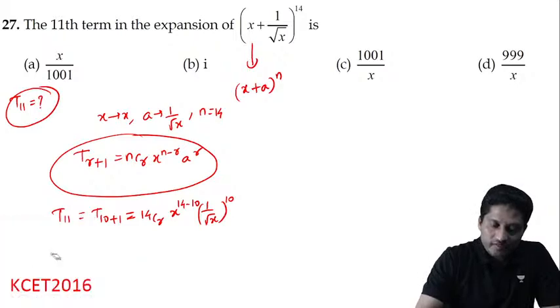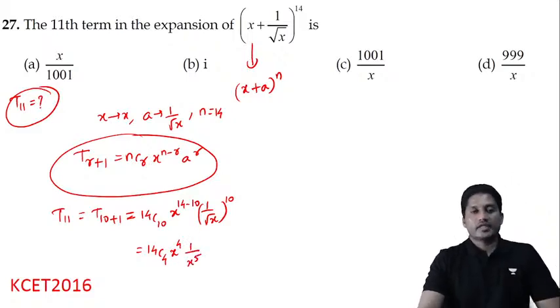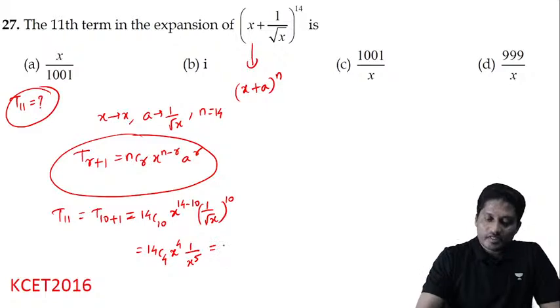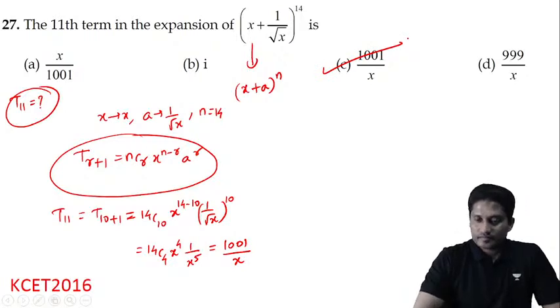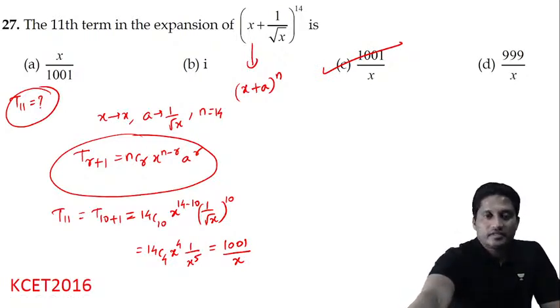So 14C10. 14C10 is same as 14C4, x to the power of 4, times (1 by root x) whole power 10 which is x to the power of 5. 14C4 is 1001, so the term is 1001 divided by x. Answer is option C. Right, let's move to the next question.